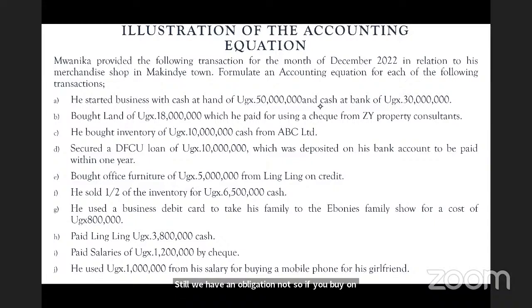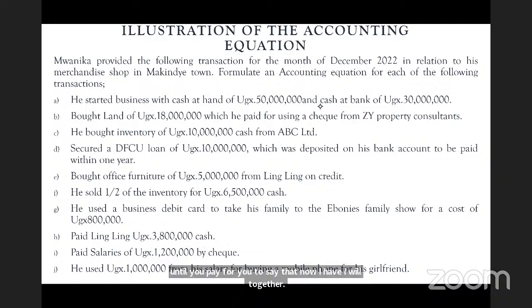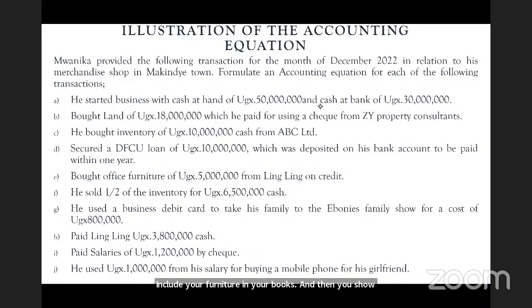If you buy on credit, it means that you have not paid. Are we together? Now, this is what we call the accrual. You're not going to wait until you pay for you to say that now I have furniture. Include your furniture in your books, and then you show us that you have an obligation to pay.